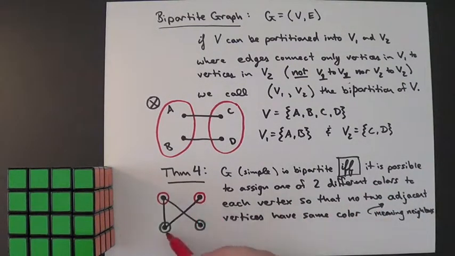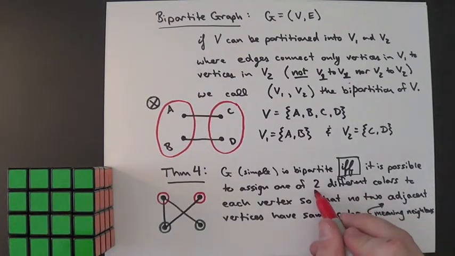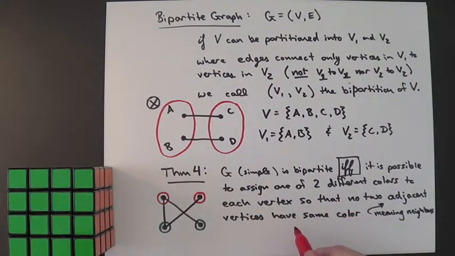Okay. So there exists a coloring in which, using two different colors, each vertex has a different color from an adjacent vertex, or a vertex that is near the other one.